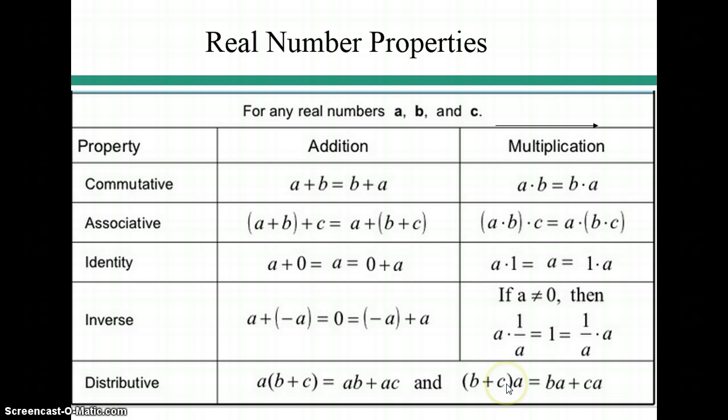We will get the same answer if you multiply B plus C with A. So we will get B times A is BA and C times A is CA. So we now understand the real number properties.